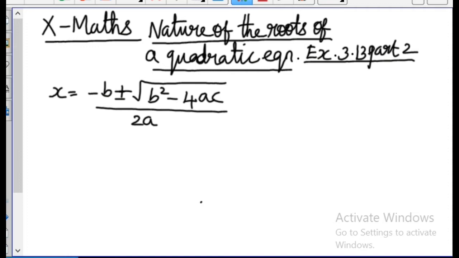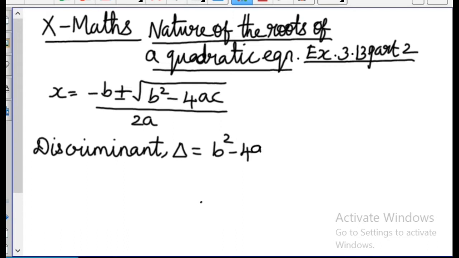Here, the expression within the square root, b square minus 4ac, we take as the discriminant. It is denoted by the symbol delta and is given by b square minus 4ac.